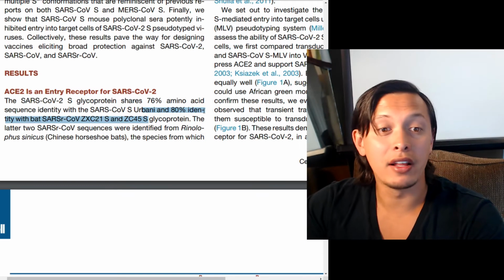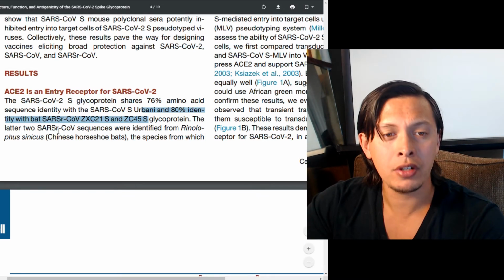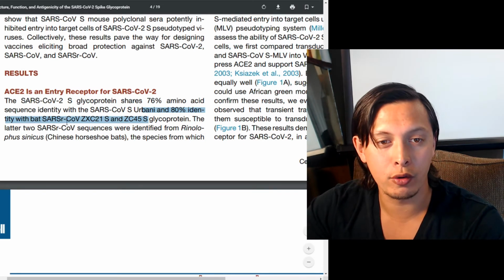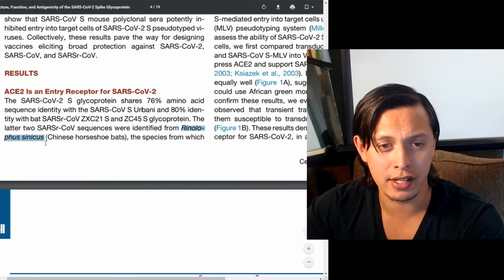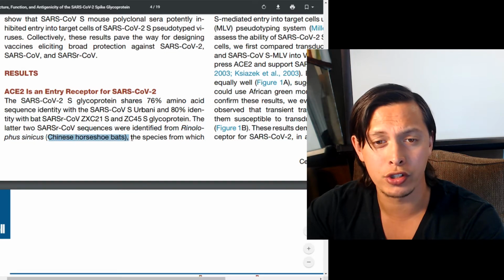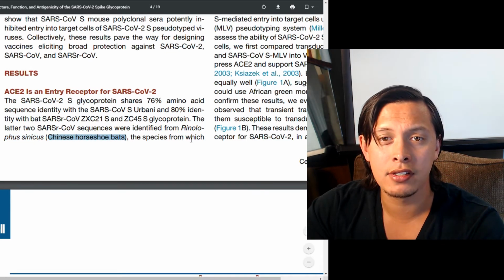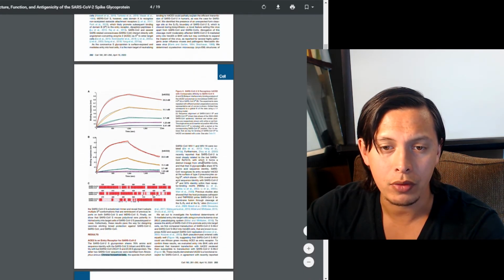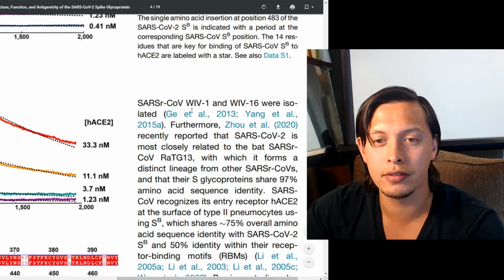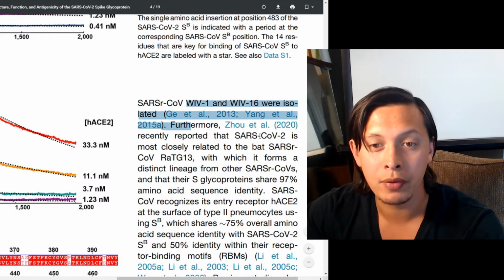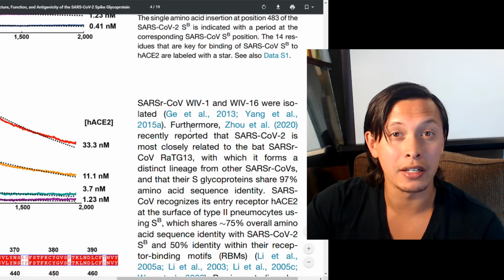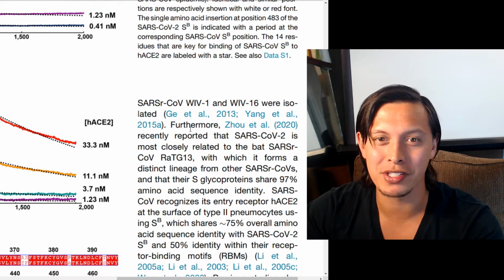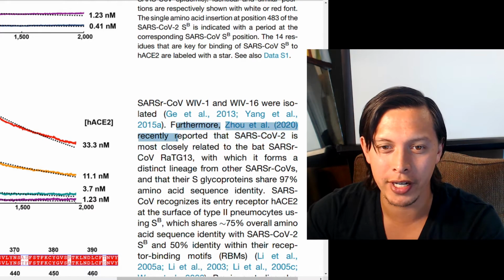Anyway, the latter two SARS-related coronavirus sequences were identified from Rhinolophus sinicus, the Chinese horseshoe bats, the species from which SARS-CoV was isolated. And just so you know, that's the pretty ugly looking bat that sort of looks evil, but I guess beauty is relative.